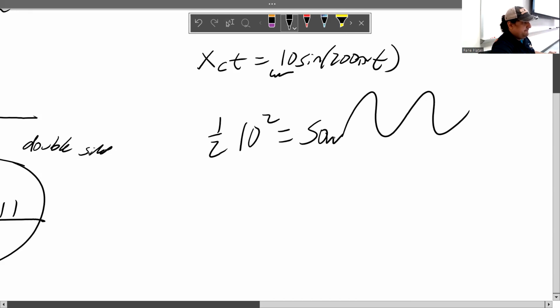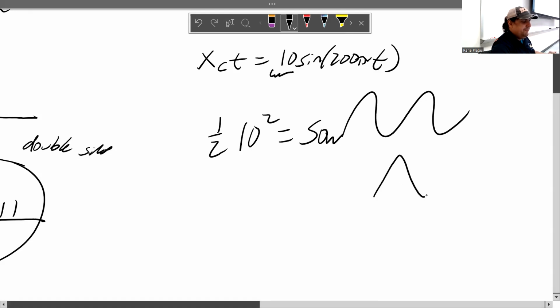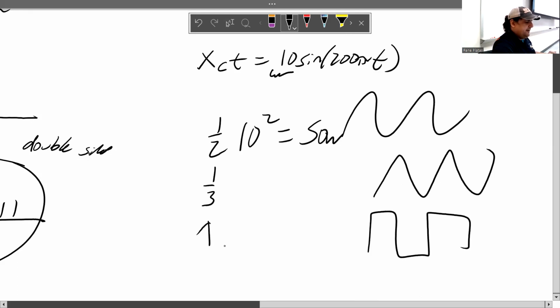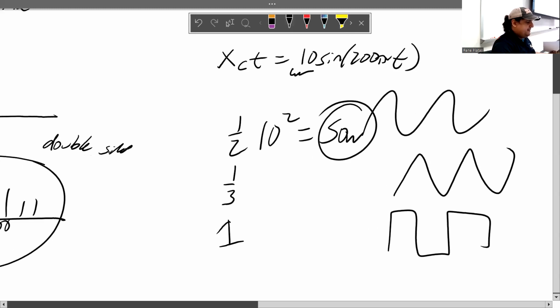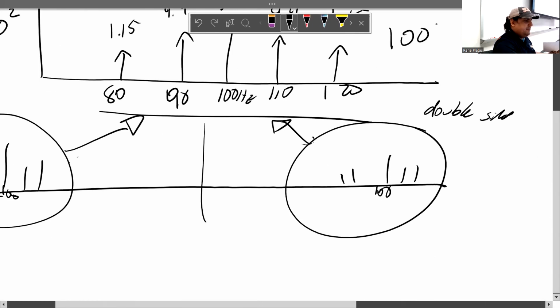If it had been a triangle wave, it would have been a third. And if it had been a square wave, it would have been a full. So when you get 50 watts here, and for some reason you get 100 watts over here, that means you probably got something wrong, and you need to divide by 2.